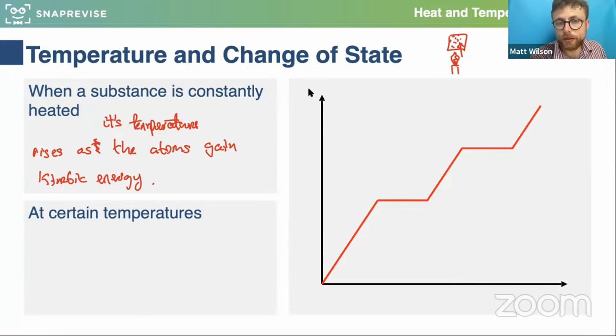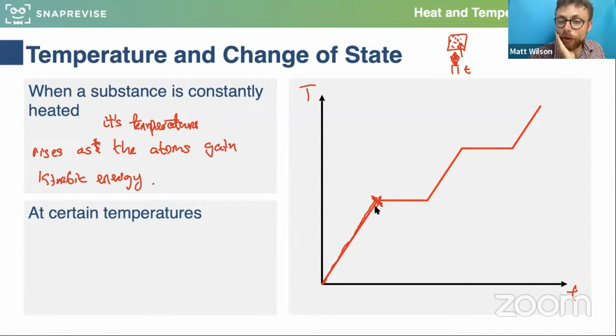So we can see this on the graph. Let's say this is a graph of temperature against time as we leave our Bunsen burner under this substance for some time. And we see the longer we leave it, the more heat that we add, the higher the temperature goes. But then something weird happens.